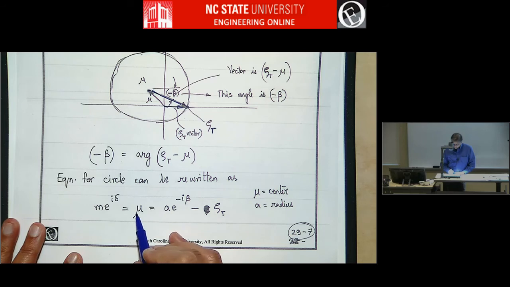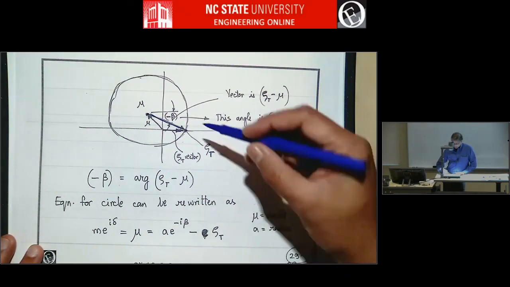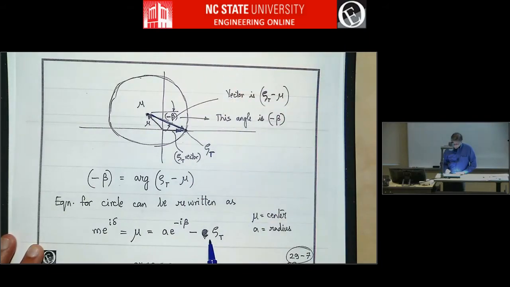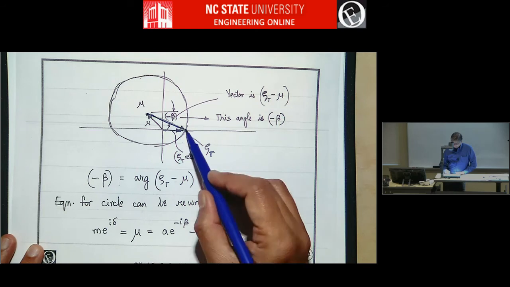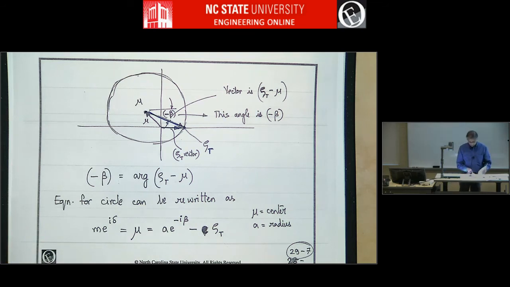So this is the center of the circle, and that's equal to a times e to the power minus i beta, minus zeta t. And that's equal to m times e to the power i delta.